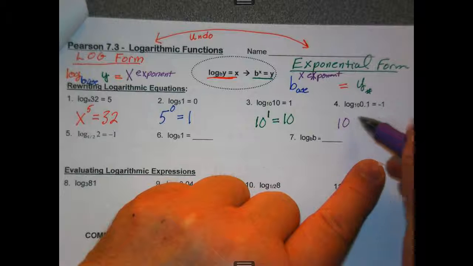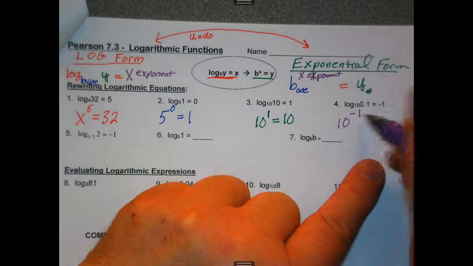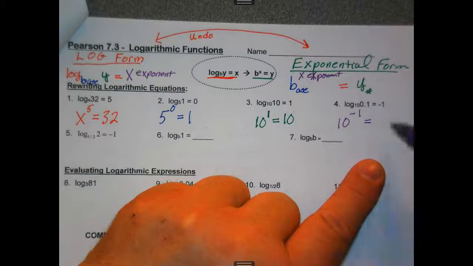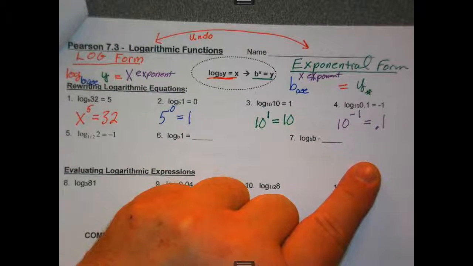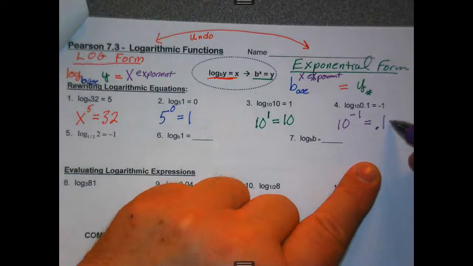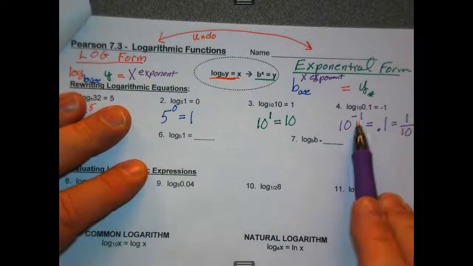What's my exponent? -1. What's my solution? 0.1. Is that true? What is 0.1 as a fraction? 1/10, right? Is 10 to the -1 equal to 1/10?